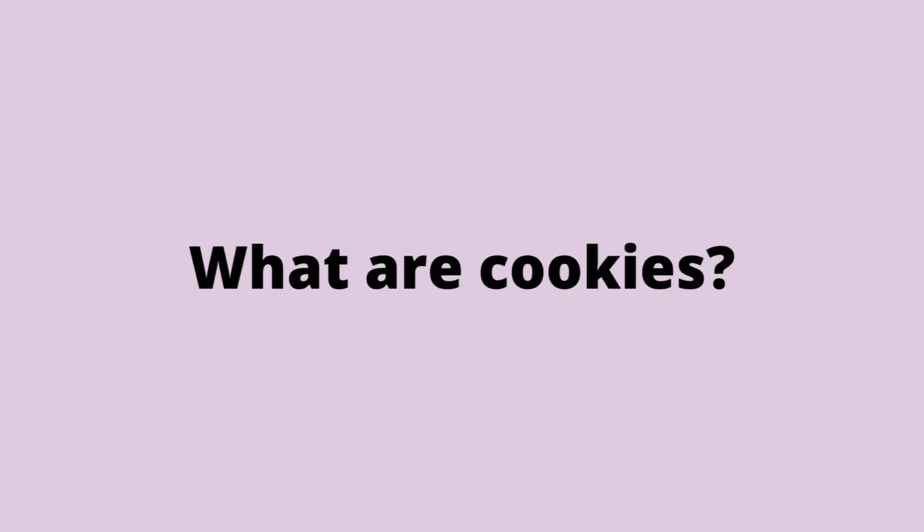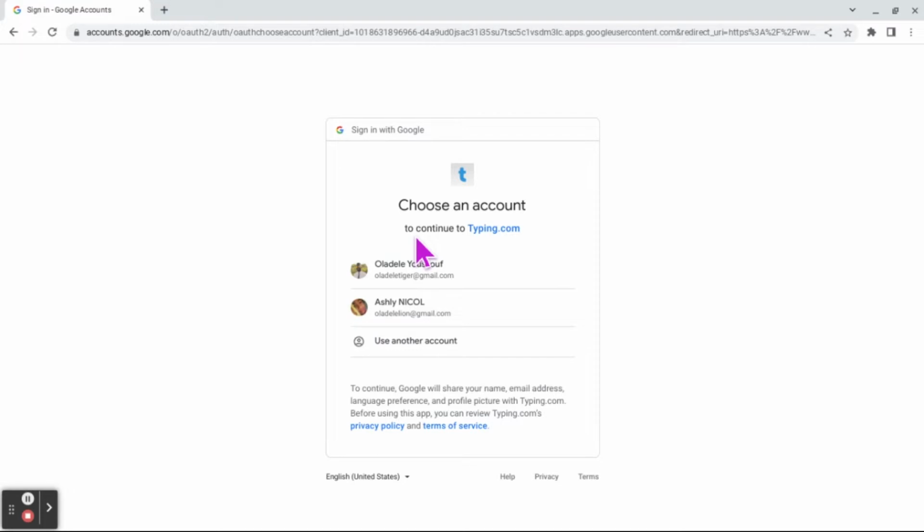When we were talking about cookies, this is what cookies means. Google remembers your password information, and you can automatically sign into websites without going through adding profile and all of those information that they're looking for. So this is an added advantage of having cookies. Let's click on Oladele Yusuf.